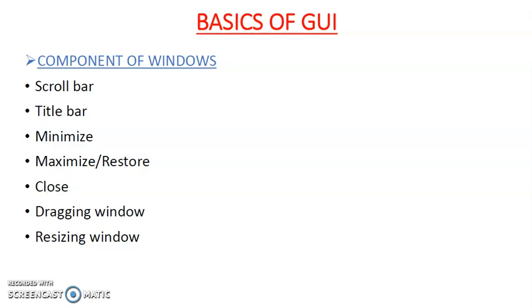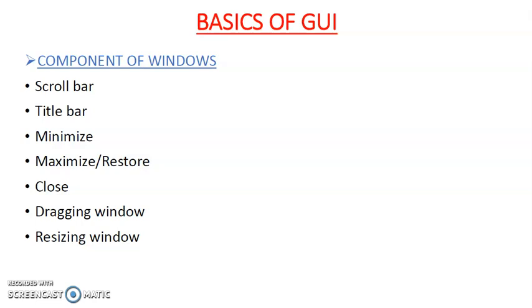This partition is called a window, and hence it is also called windowing technology. Okay. Some of the characteristics of Windows are its title, its border, its work area, and its command area.